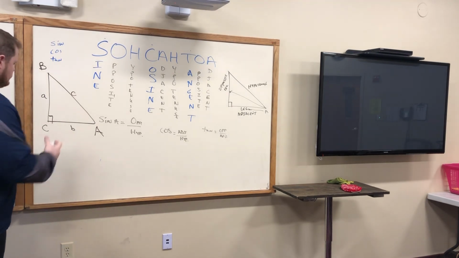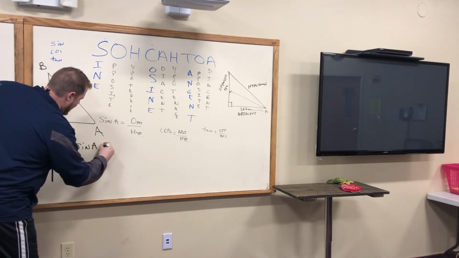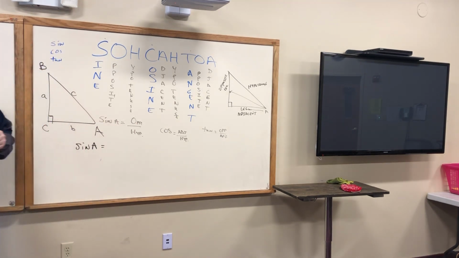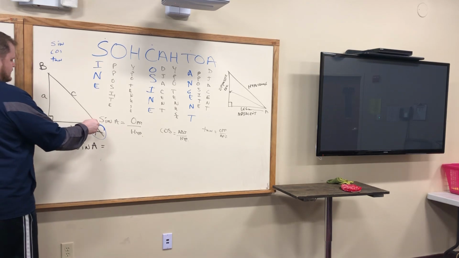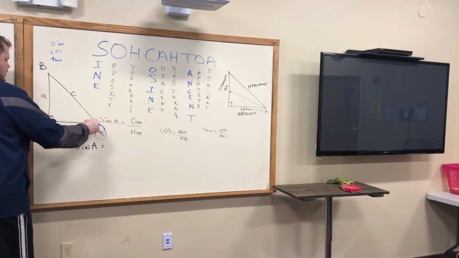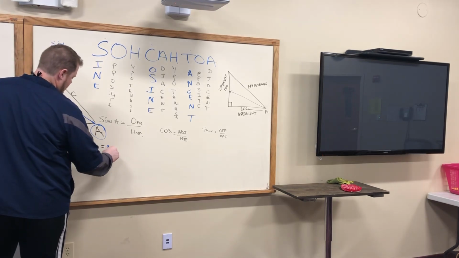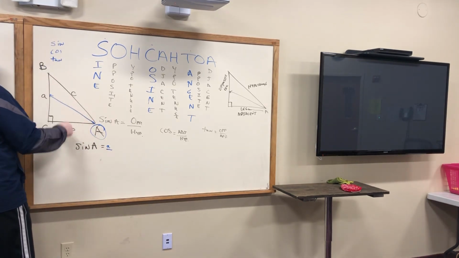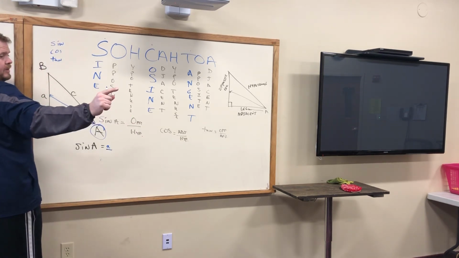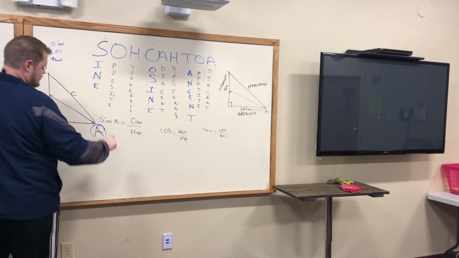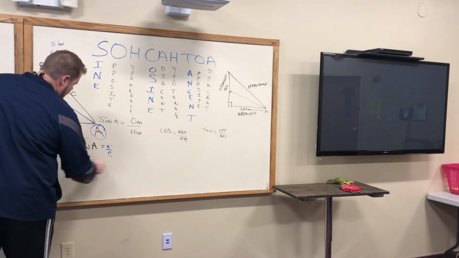If I asked you to tell me what is the ratio of sine A, what would that be? So sine A is this angle. Opposite is what letter? Lowercase a, good. And what is it going to be over? Opposite over the hypotenuse, good. So c. So that would be our ratio.